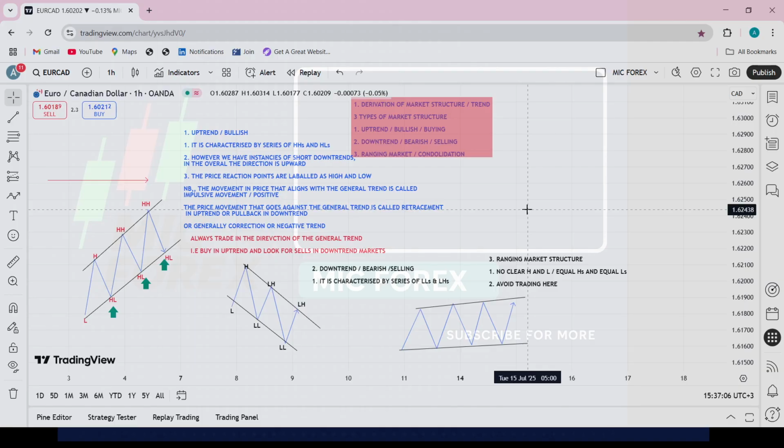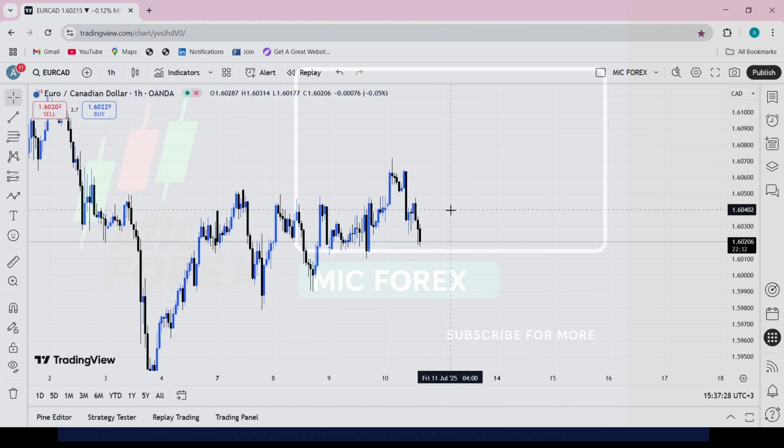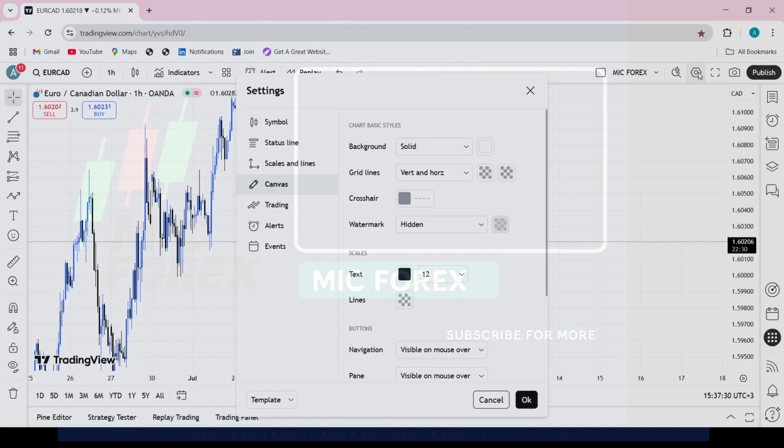I think today we've already covered a very significant and very important concept of deriving, reading and understanding market structures, because people just teach it, but they will never show you in the real market. So let's look at a few examples, then we can call it a day.